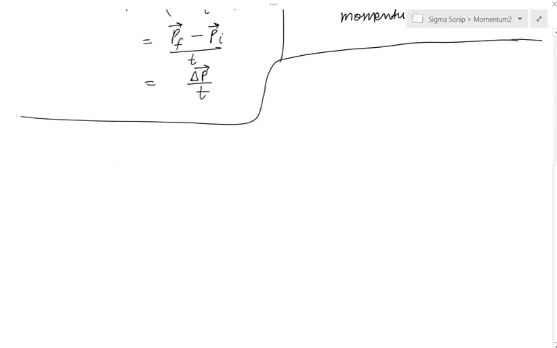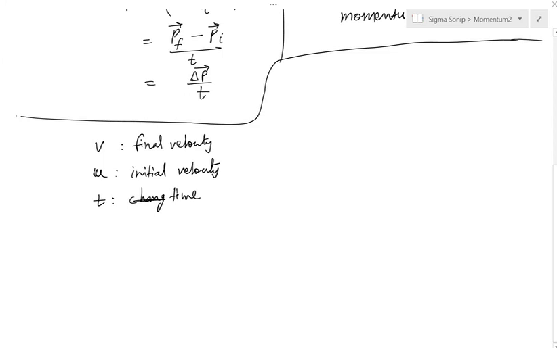So what we are given is the final velocity v, the initial velocity u, and the time the object took for this change in velocity.